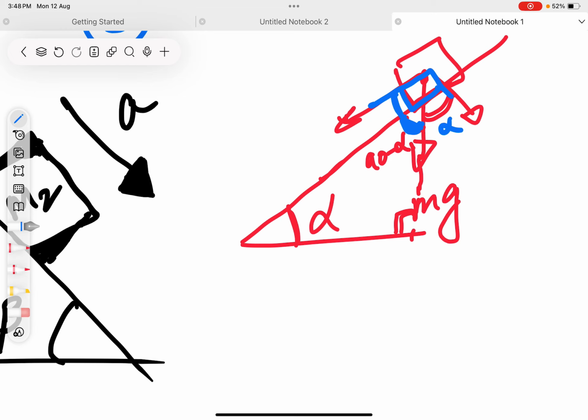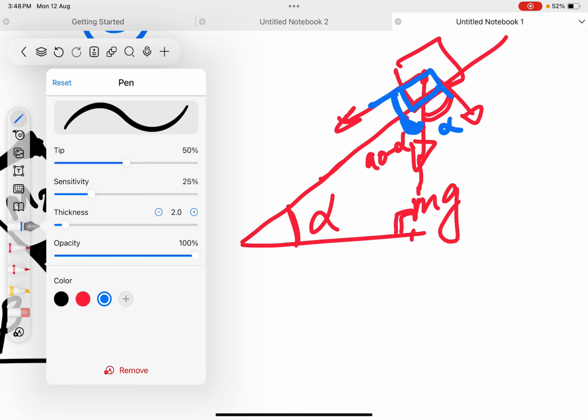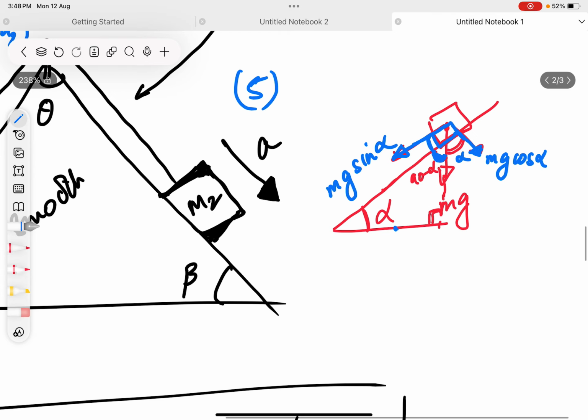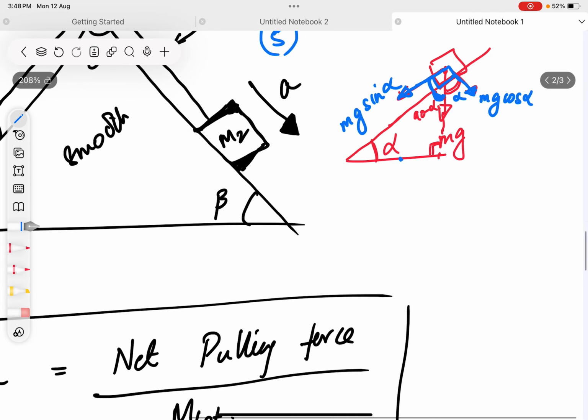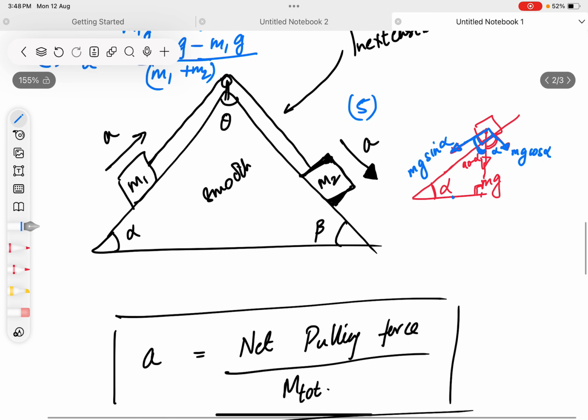So if this is your alpha, then in this direction will be a component of mg, which is mg cos alpha. This will be pointing perpendicular to the incline and into the incline. The other component is your sine component, which is mg sine alpha.